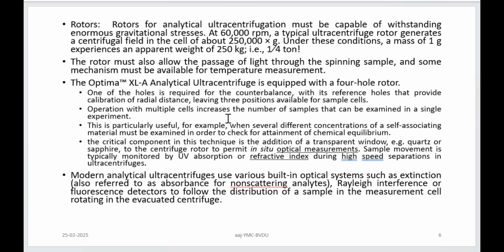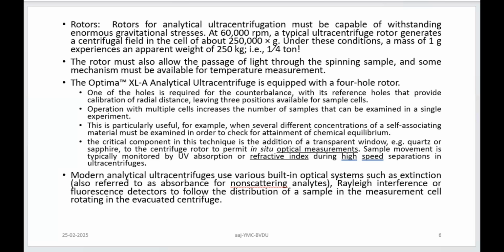When the molecule is moving, is sedimenting, at that time only you are characterizing it. So modern ultracentrifuges have built-in optical systems, like, as I said earlier, Rayleigh system or Schlieren system or fluorescence systems, and based on the system used, the light source used, the optical system used, the detectors are there.